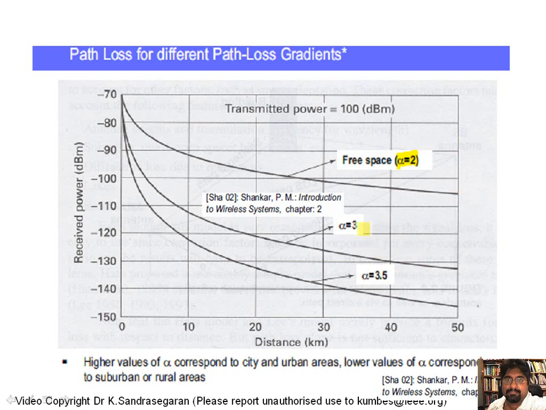When you are in an urban environment, maybe with lots of buildings, you might have a propagation coefficient of 3.5, and the received power can drop very quickly. If you look at a distance of maybe 20 kilometers in a rural environment and in a dense urban environment, there can be a large difference between the received power at the same distance from the transmitter.